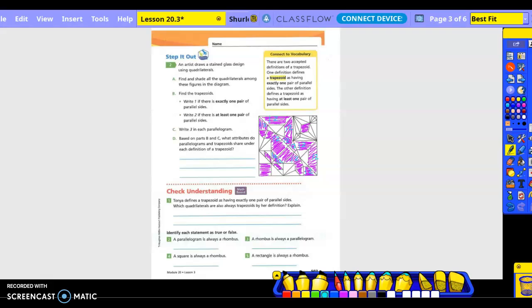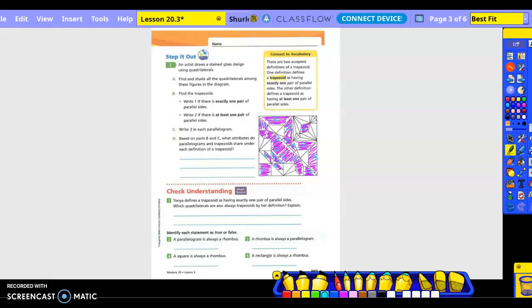Okay, then those that we don't, do these have any parallel sides right up in here? No, this one does though, right? This one does, this one does, this one does, this one does, this one does. Any others? I think it's just those 2 that don't have anything written on them yet.